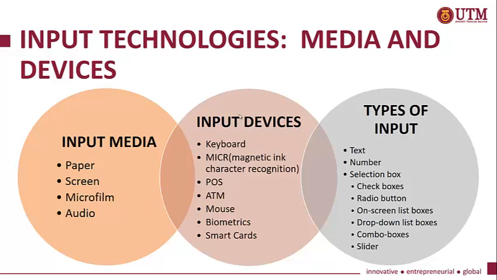You can also capture your input through input devices like keyboard, magnetic character recognition, OCR, point of sale, kiosk, ATM machine, mouse, biometric, smart card, whereby you just scan the barcode.